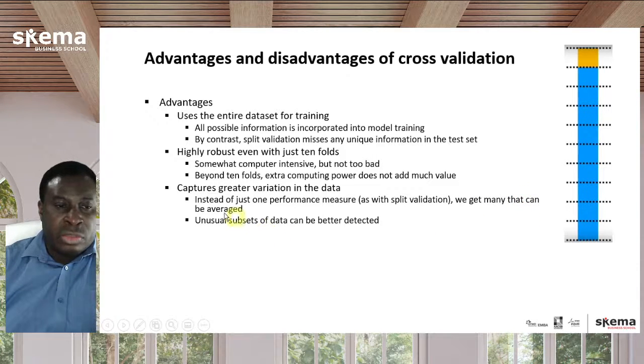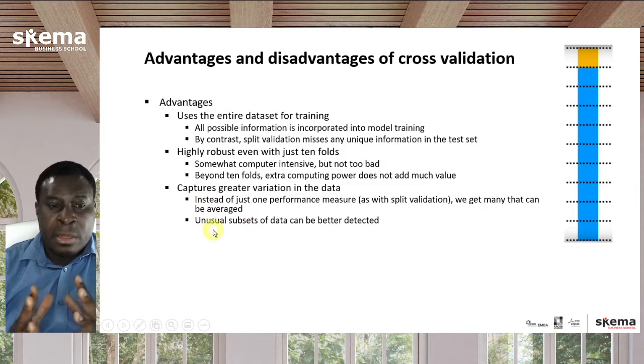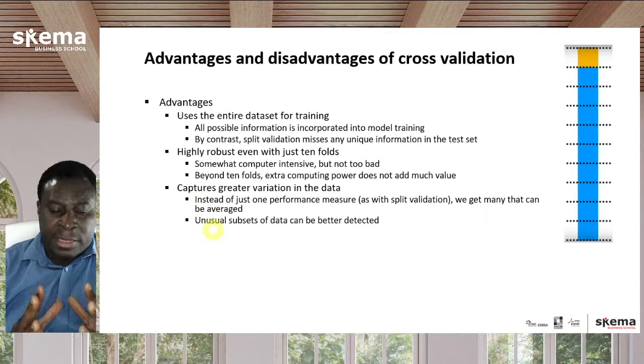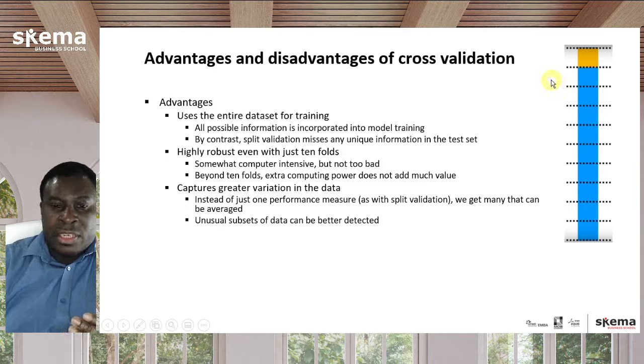Another issue, kind of related to the first one, is that cross-validation captures greater variation in the data. It carries out the analysis 10 times in tenfold cross-validation, and so it can find more unusual partitions.